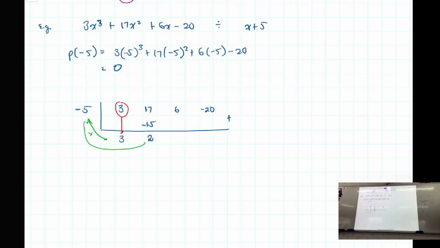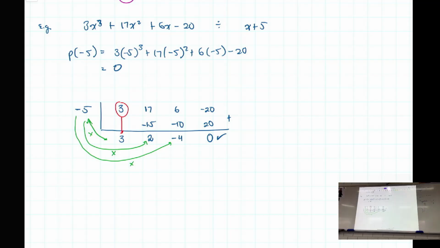Multiply it again. Minus 5 times 2 is minus 10. 6 minus 10, minus 4. And minus 5 times minus 4 is positive 20. And minus 20 plus 20 is? We have done it right. Look how easy it was.